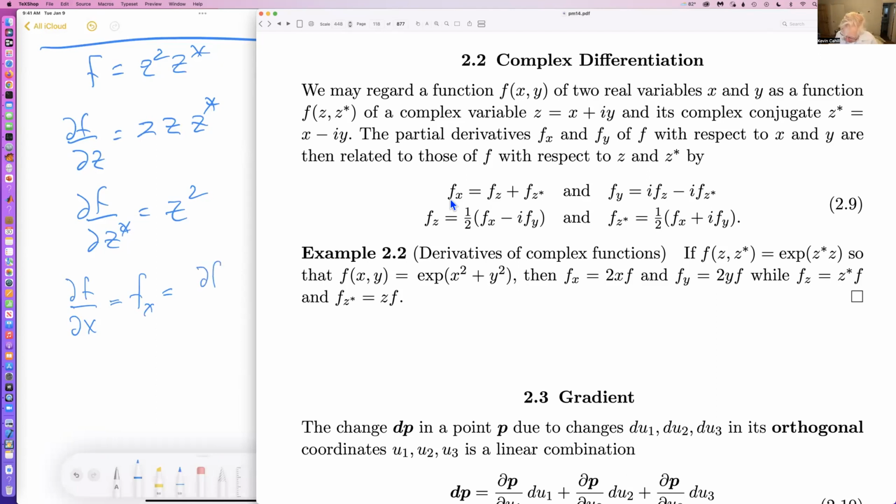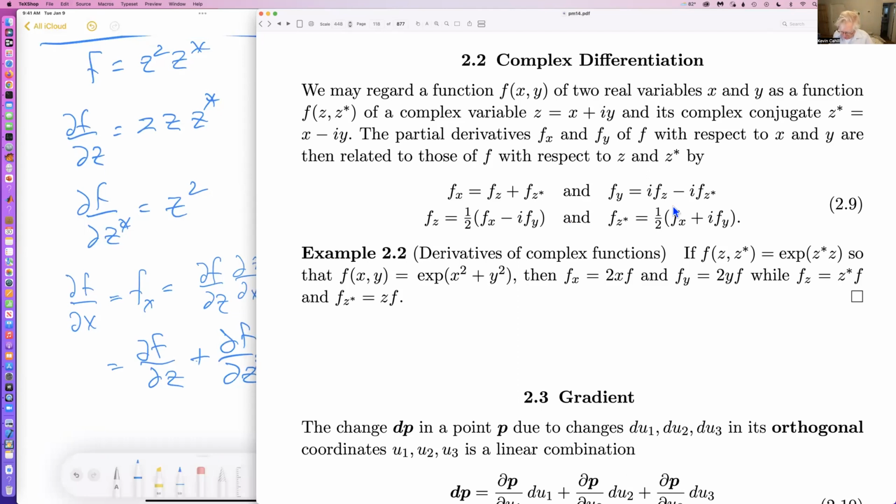Well, it would be partial F partial Z times partial Z partial X plus partial F partial Z star times partial Z star partial X. And partial Z partial X is just 1, so this is partial F partial Z. Partial Z star partial X is also 1, so this is plus partial F partial Z star. So that's this equation here.